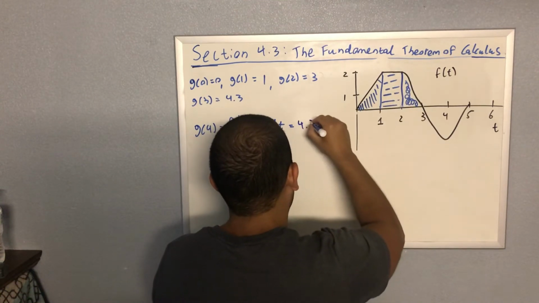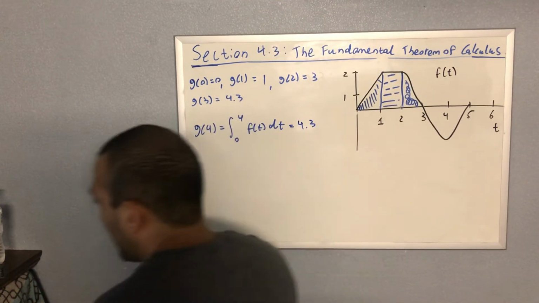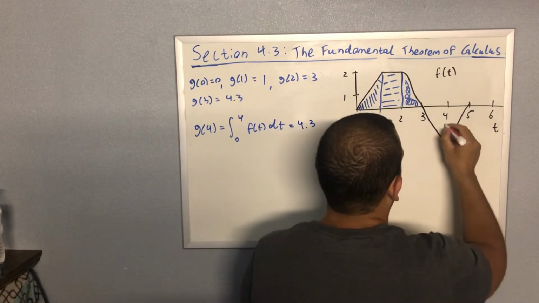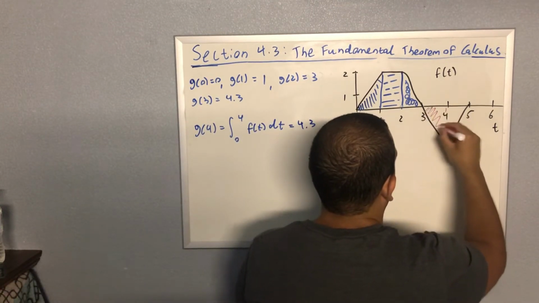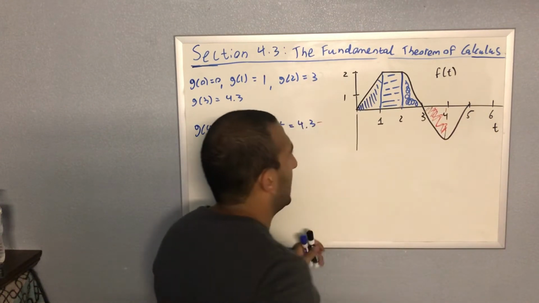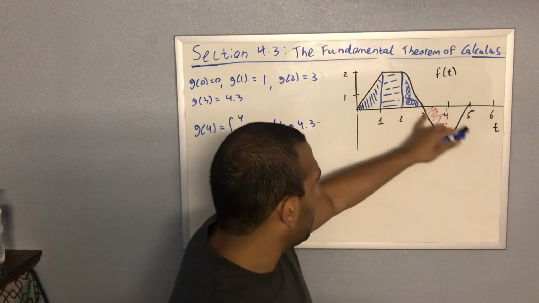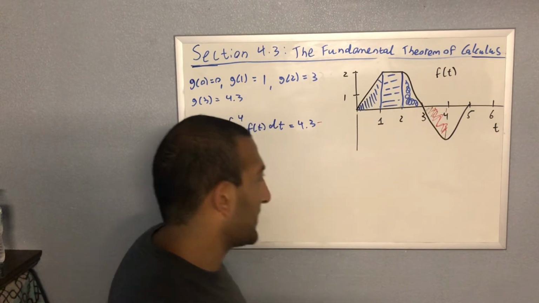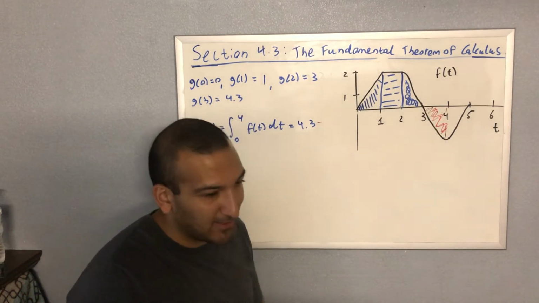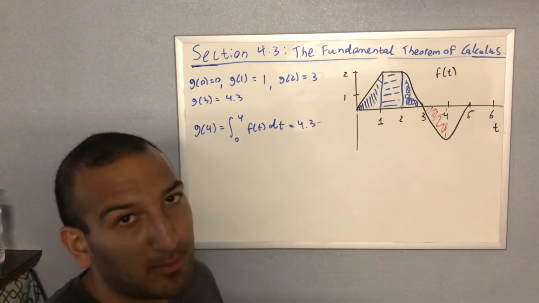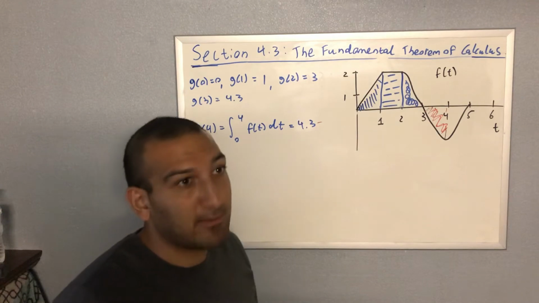So it's the 4.3. But now we have some negative area. So we have this area, so we have to subtract this off. And again, you can kind of see that these two areas are roughly the same. That's the way the book interprets it. Again, it's all just guessing, so don't be like, oh, I got 1.2, not 1.3, or I got like 1.7 or something like that.